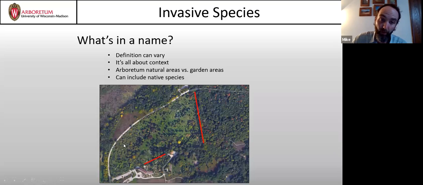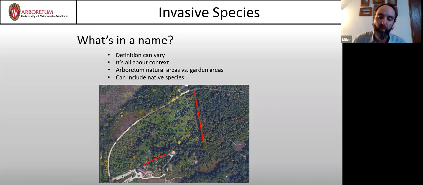So, you know, the garden is full of species from all over the world, and then you cross this line over into this woodland, which is a natural area in my jurisdiction, and the definition of what invasive or undesirable is changes just when you cross that line.